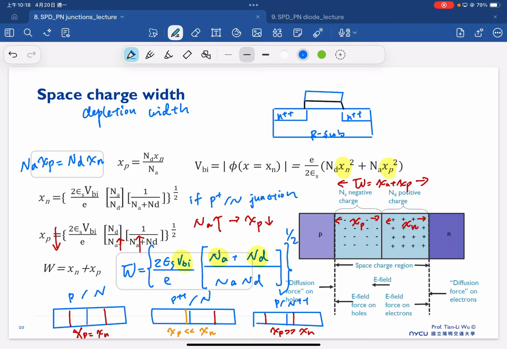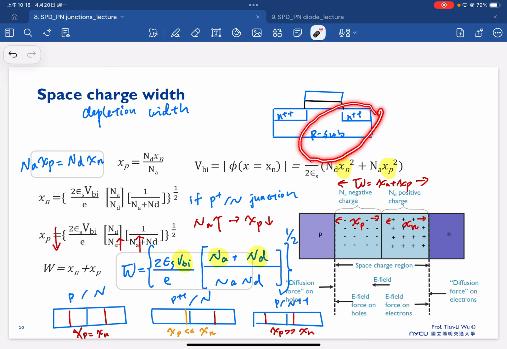But based on the knowledge we know from the PN junction, this N++ P junction will actually create certain issues, because this is exactly the same case as this one. Right? So what does this tell us?